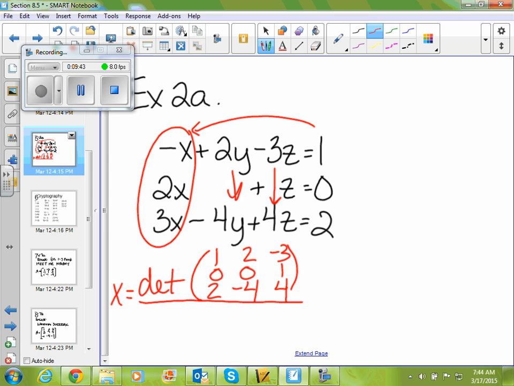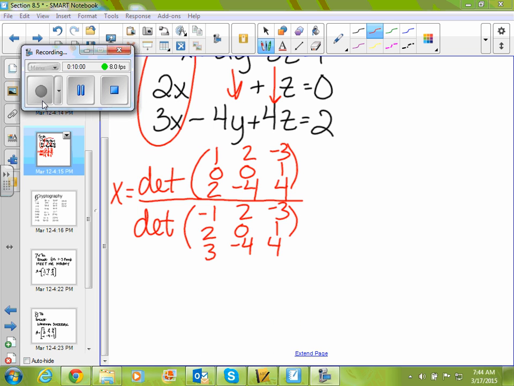And then I'm going to divide that by the determinant of my coefficient matrix. So negative 1, 2, negative 3, 2, 0, 1, 3, negative 4, 4. Alright, and we find determinants of 3 by 3 matrices in our calculator.